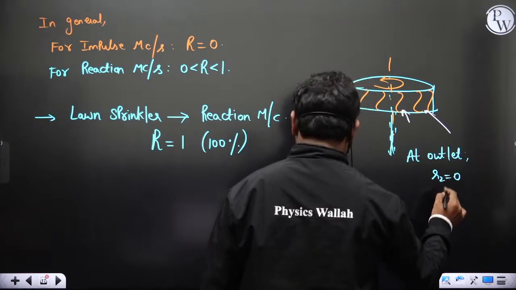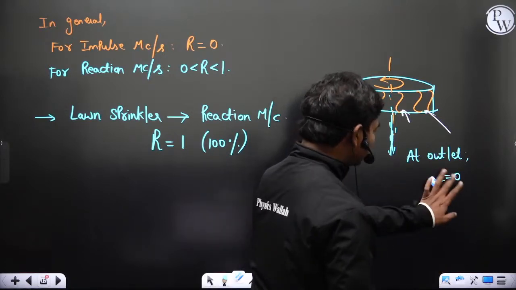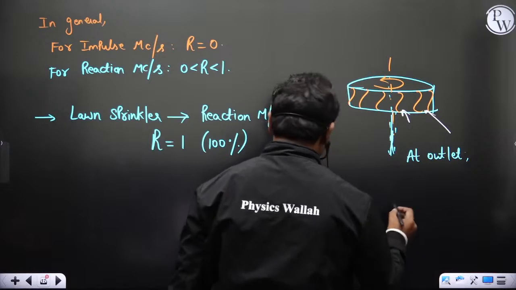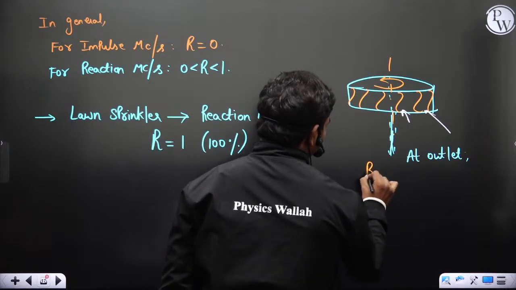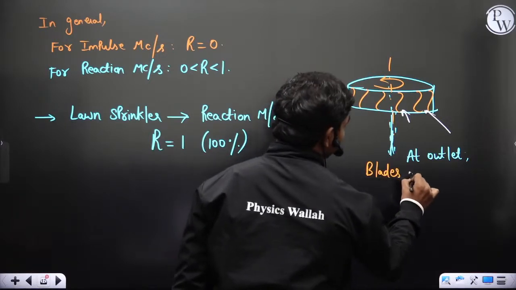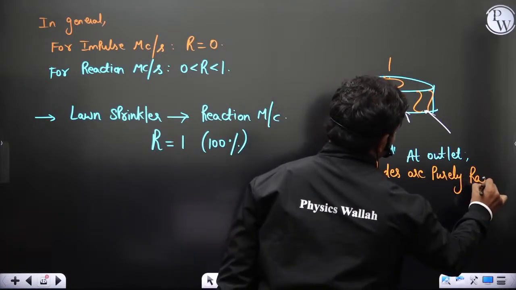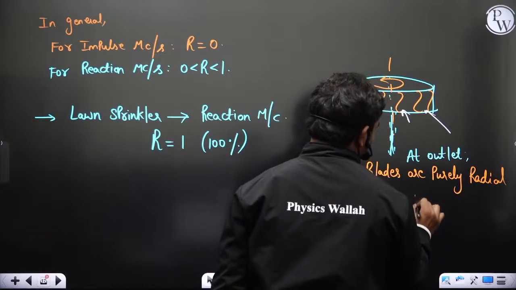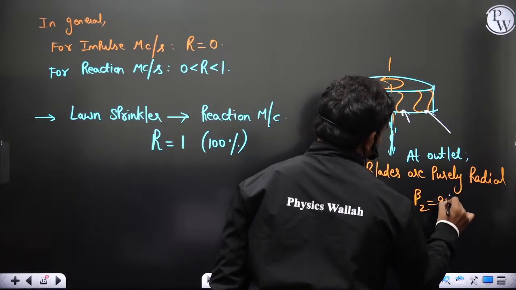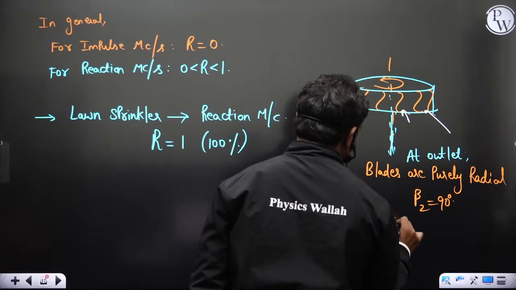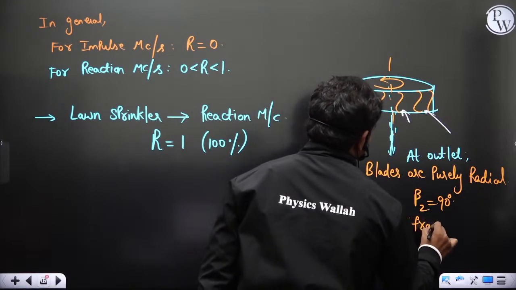It's not exactly 0, it's very small, actually, but the blades are purely radial. Blades are purely radial, which means beta 2 will be 90 degrees for Francis.